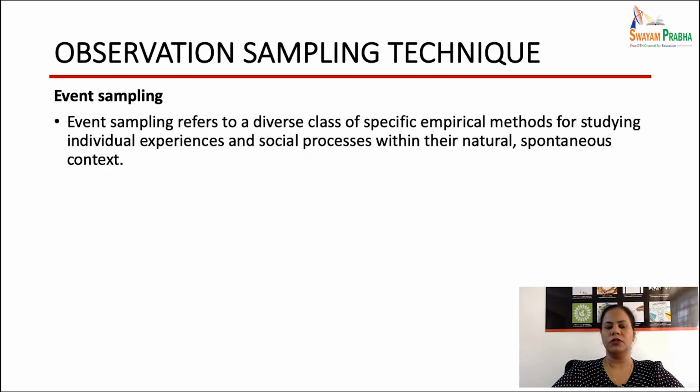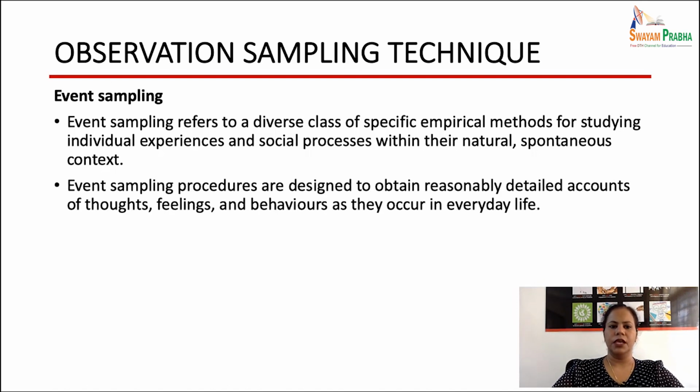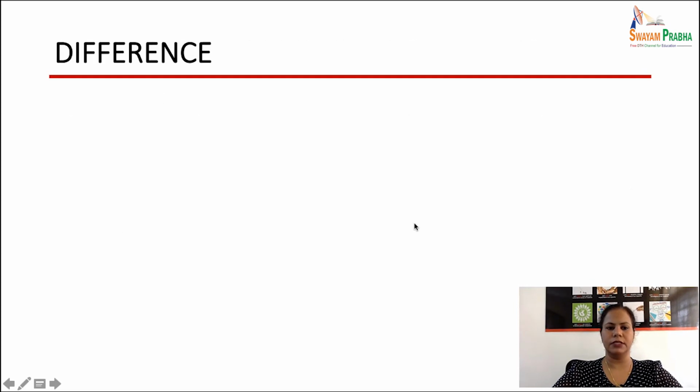If you are observing somebody the whole day, then out of that, the particular events that are useful for your research study, those events you can consider. Event sampling procedures are designed to obtain reasonably detailed accounts of thoughts, feelings and behaviors as they occur in everyday life. You can observe in everyday life, but then out of that, certain types of thoughts, feelings and behaviors you can use for your research study.